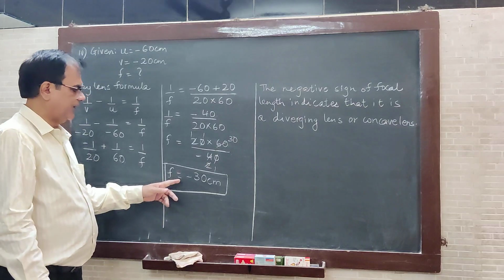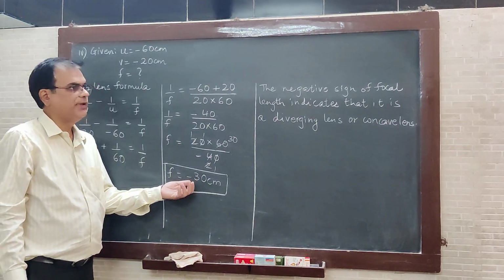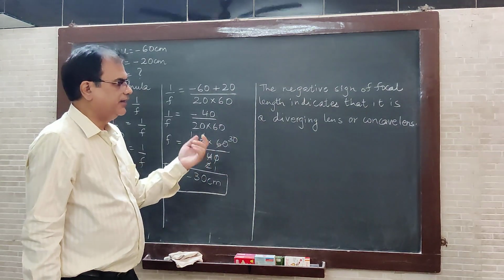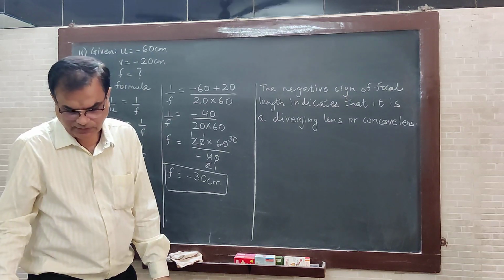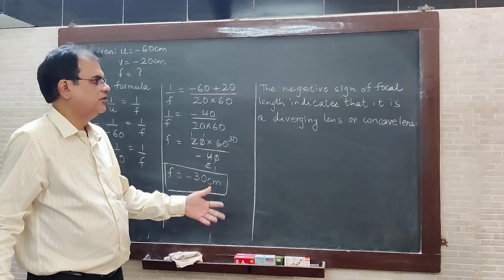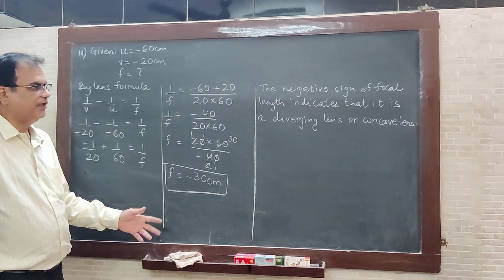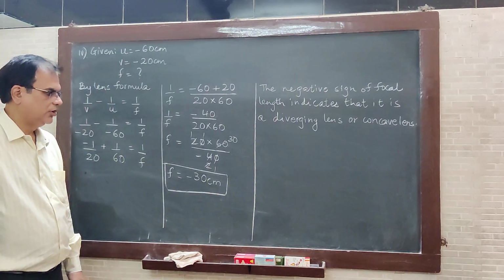Okay, so f is equal to minus 30. So this minus sign indicates that it is a diverging lens or a concave lens. You have to find out whether it is a converging or a diverging lens. So it is a diverging lens, which is also called a concave lens.